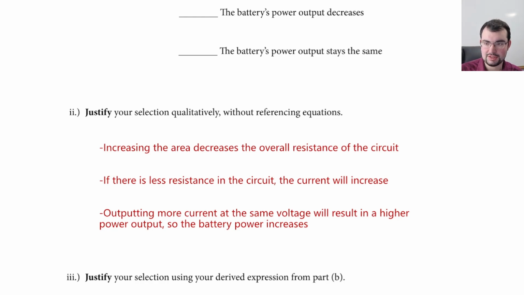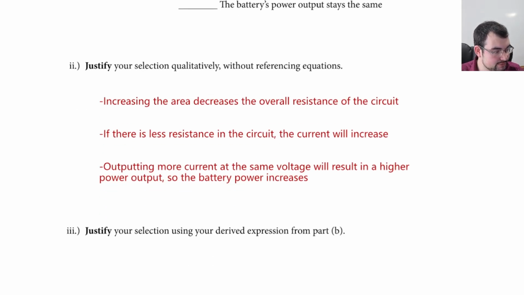If there's less resistance in the circuit, the current increases. So if you output more current, or more charge per second, at the same energy per charge requirement, you get more energy per second, right? Because voltage is your energy per charge. So if it's the same energy per charge, but you're pumping out more charges every second, there's a higher rate of energy transfer.